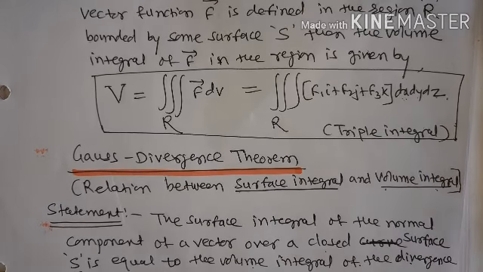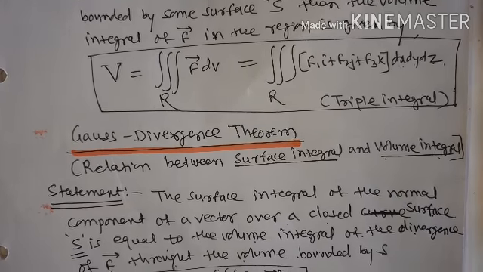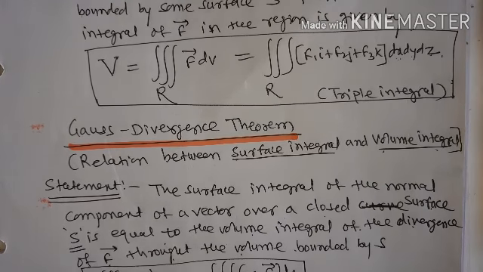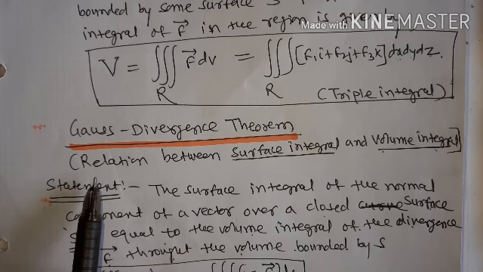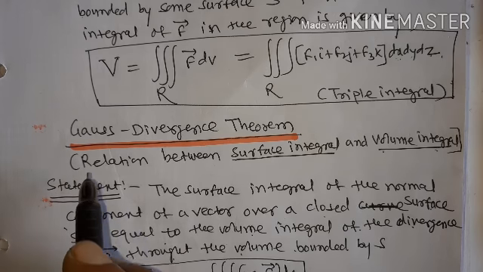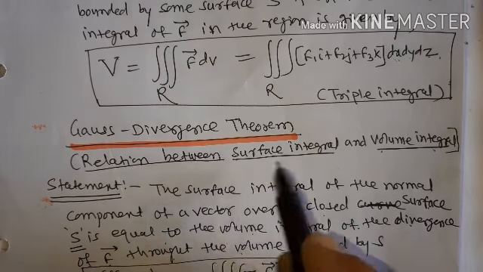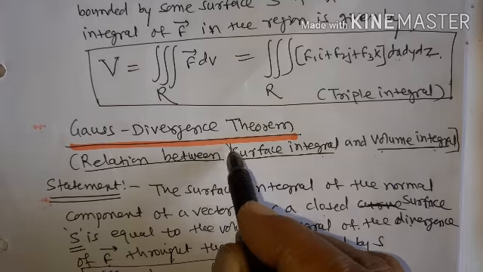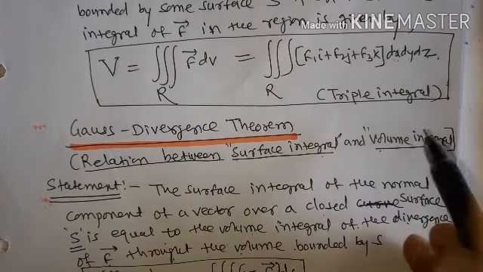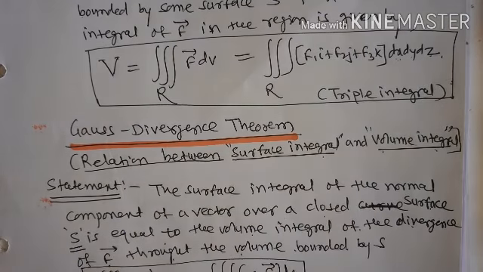Now we will define the Gauss divergence theorem. It gives the relation between surface integral and volume integral. What is its statement?